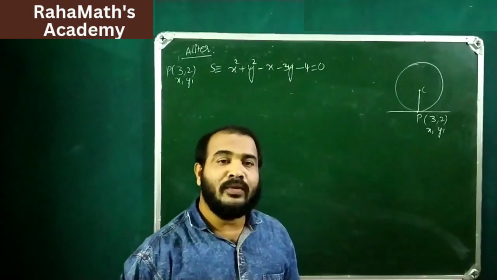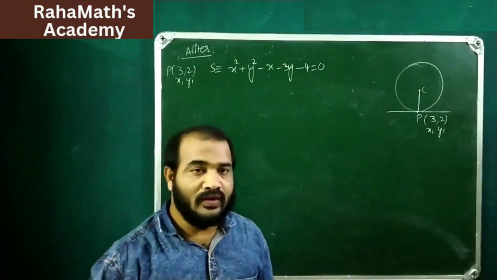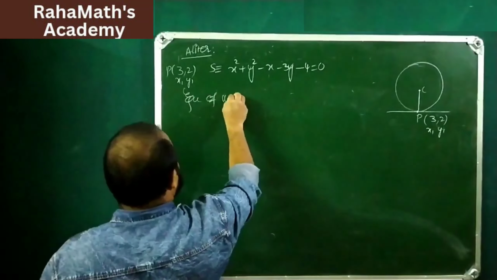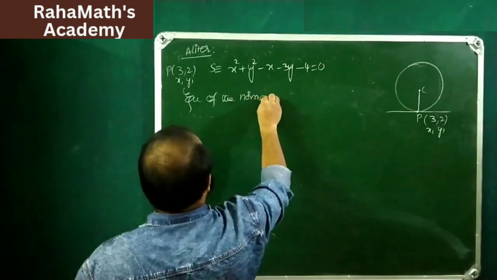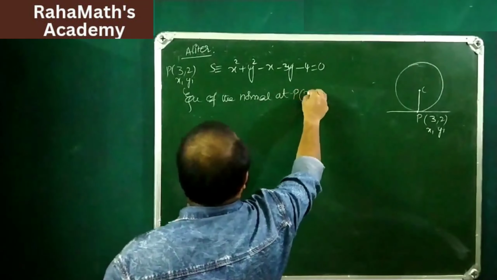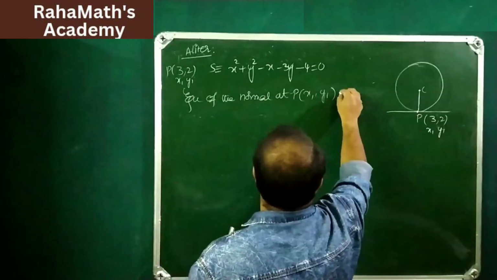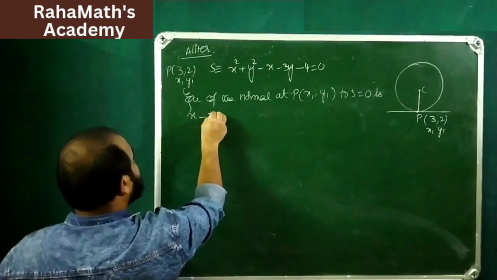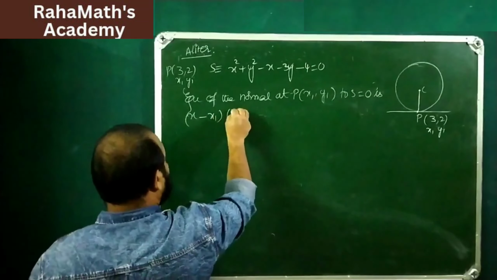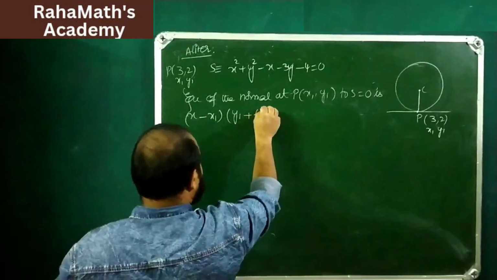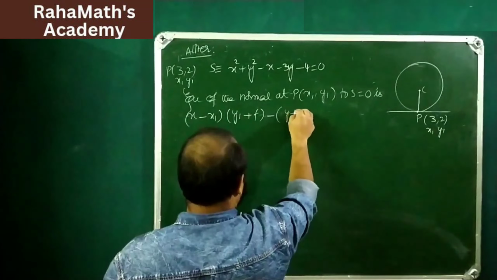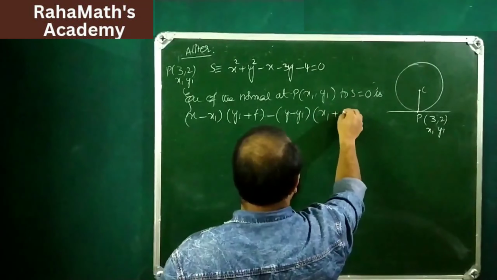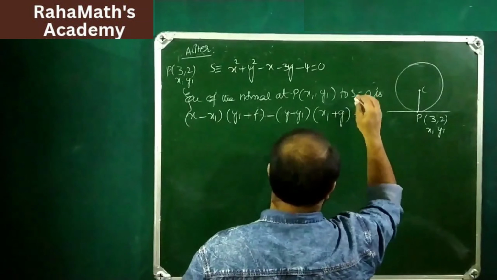The equation of the normal can be done in another way as well. What is the equation of the normal? Equation of the normal at P x1 y1 to the circle S equals 0 is x minus x1 into y1 plus f, minus y minus y1 into x1 plus g, equals 0.